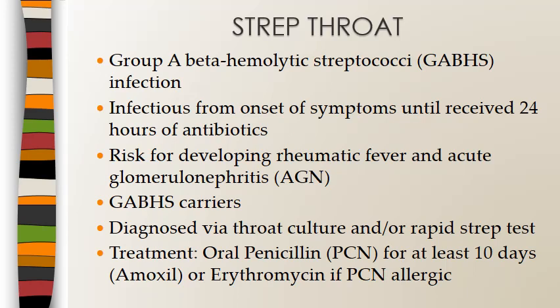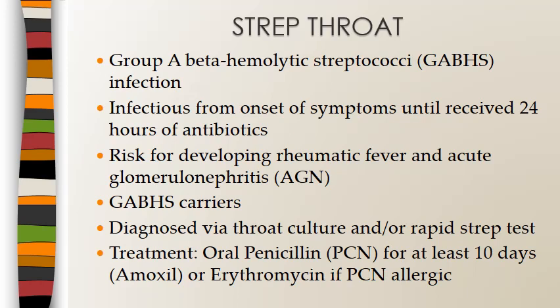There are some children that are carriers of group A beta hemolytic strep, so that they are colonized with it. It exists in their throats, but they aren't sick from it. Diagnosis of this infection is done using a throat culture and/or a rapid strep test that both are obtained from swabbing the back of the throat to see if the bacteria is there.